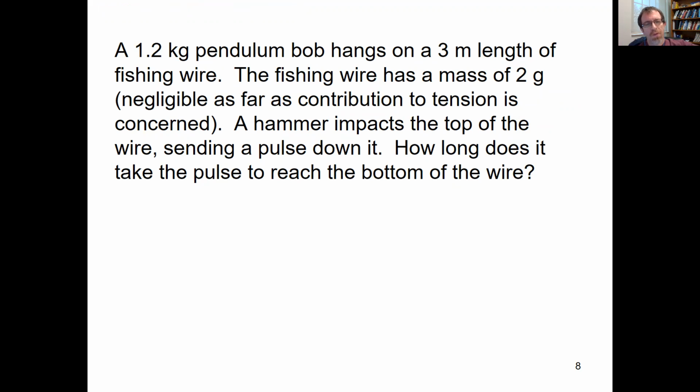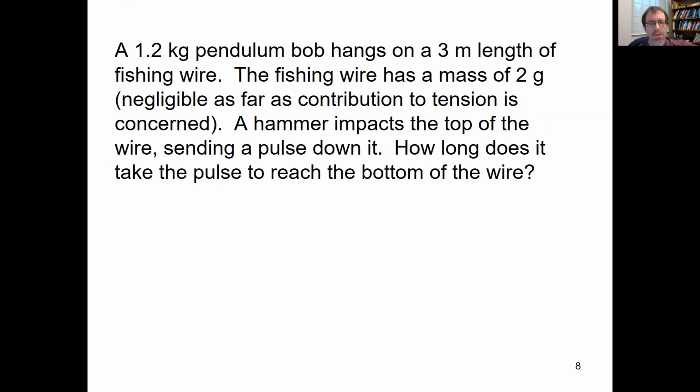We're told here that the fishing wire has a mass on its own of 2 grams. It also tells us that mass is negligible as far as its contribution to tension. So when we're concerned about the tension in this fishing wire, the thing that's providing the vast majority of the tension is the mass of the pendulum bob hanging from the wire.